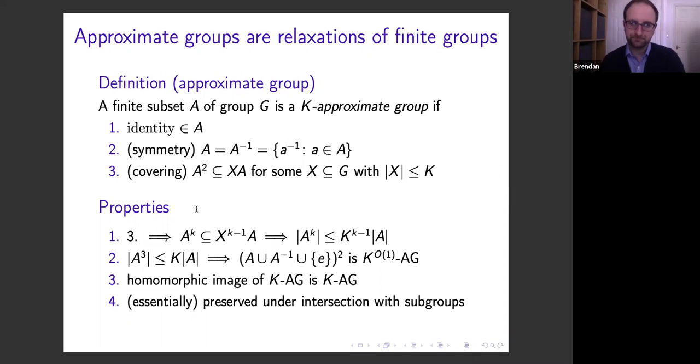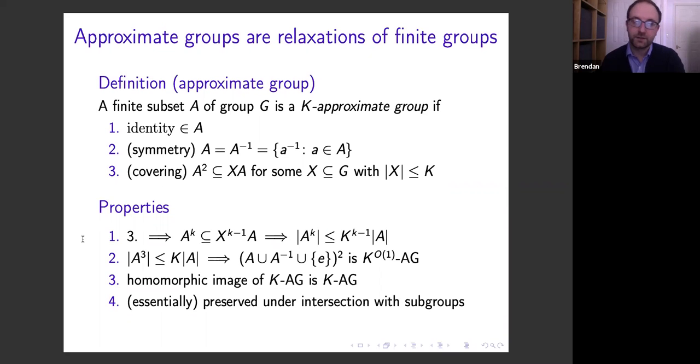If you iterate this covering property, then the set of products of k elements of A is contained in this product set, so we need more left translates, but the number of left translates is now k to the little k minus 1, and so we have this reasonable bound on the size of the set of k-fold products.